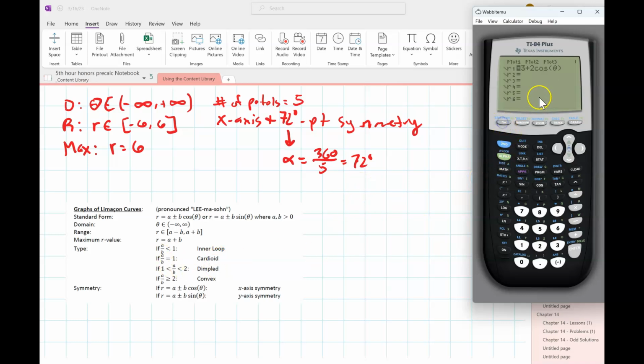And then greater than or equal to 2. Let's make it a 5 and b 2 and see what we get. That's convex, right? Because there's no indent to it anywhere. Everybody's okay? So that's just some pictures to get an idea of what they look like.